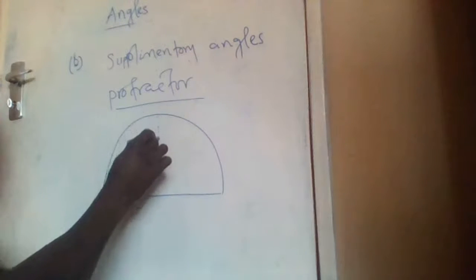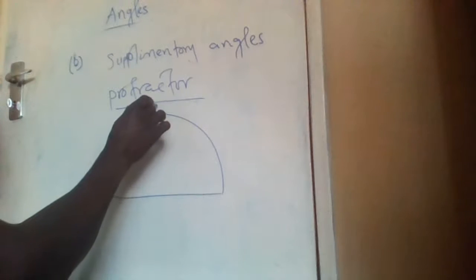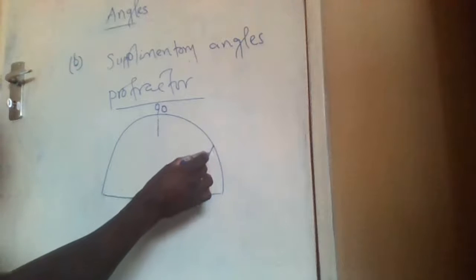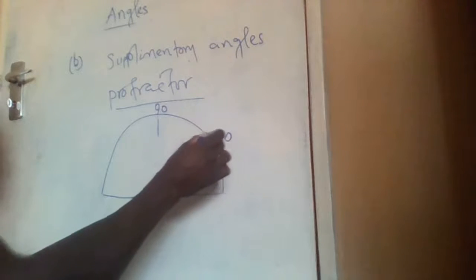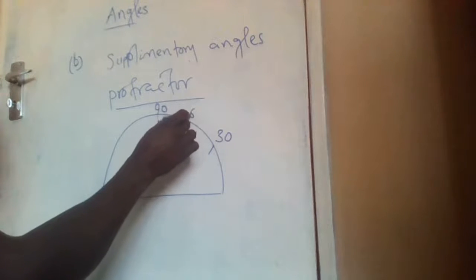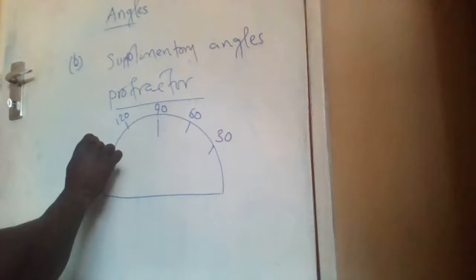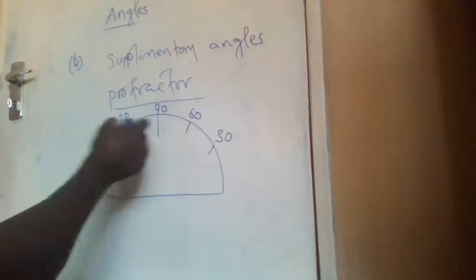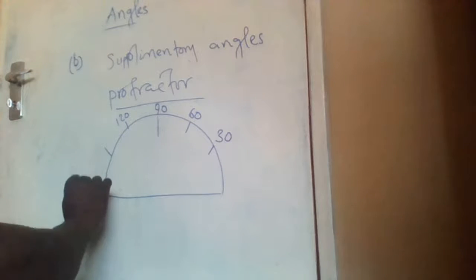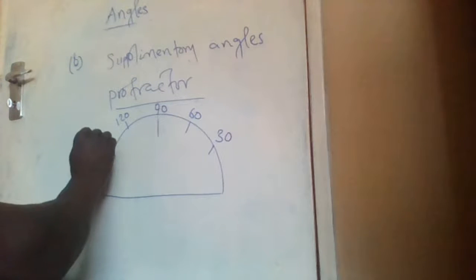And of course, there are types. Here we have a 90, and then here we have a 30, and then here we have a 60. Of course, here we have 120, and then here 180, 150.